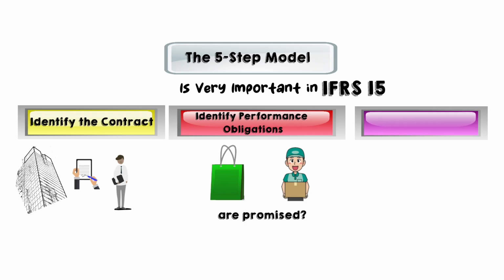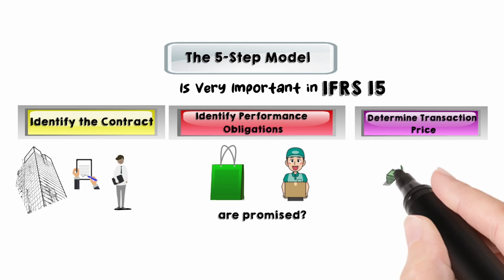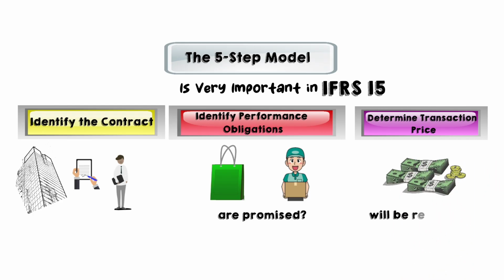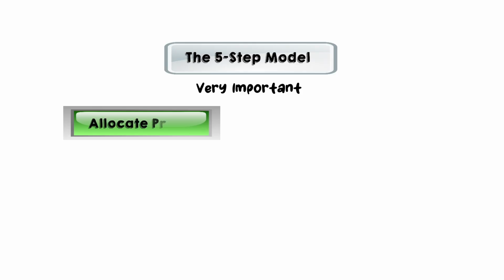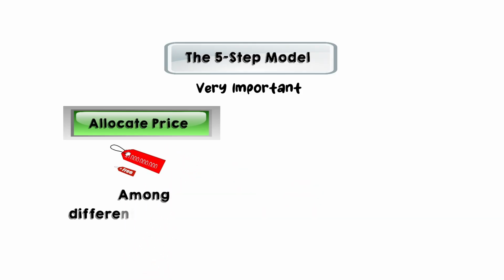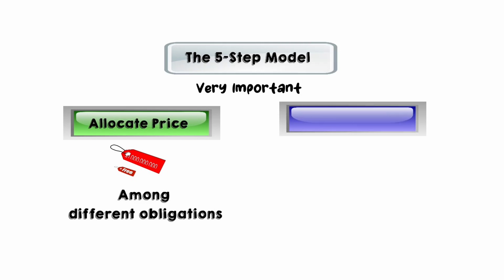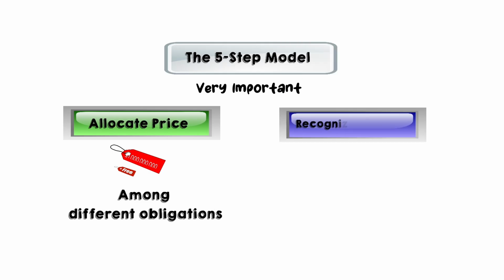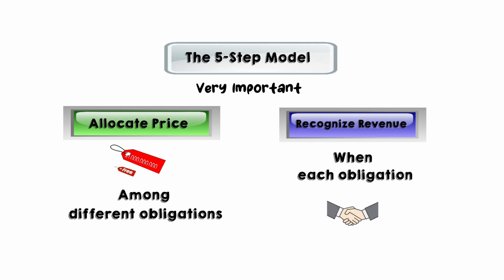Number 3, determine transaction price: how much money will be received? Number 4, allocate price: divide price among different obligations. Number 5, recognize revenue when each obligation is satisfied.